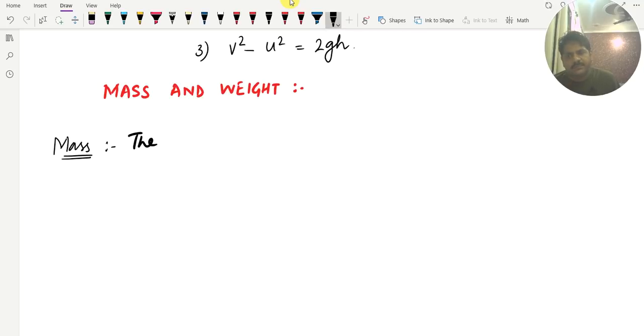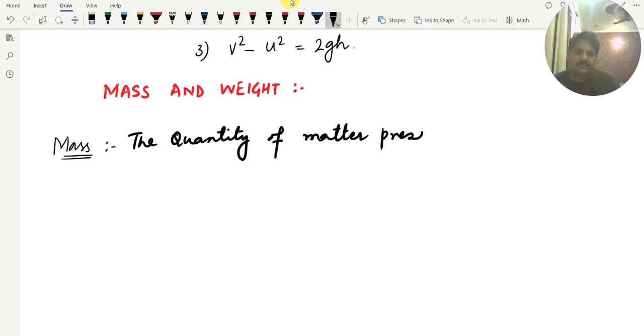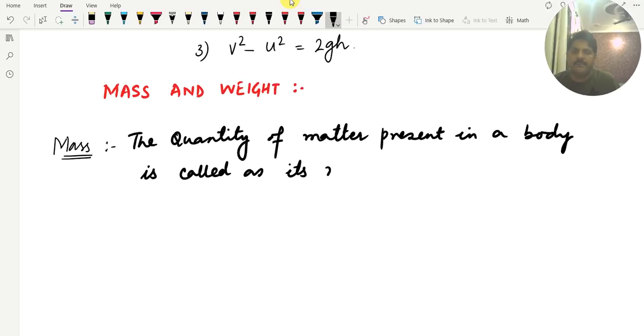The quantity of matter present in a body is called its mass. So the amount of material that is present in the body is mass.